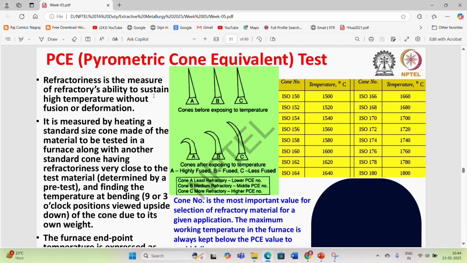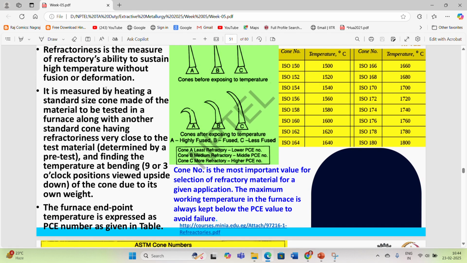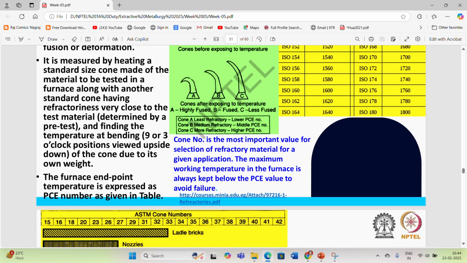So, the pyrometric cone equivalent test. Refractoriness is the measure of the refractory's ability to sustain high temperature without fusion or deformation. It is measured by heating a standard size cone made of the material to be tested in a furnace along with another standard cone having refractoriness very close to the test material, which is determined by a pre-test, and finding the temperature at which the cone bends to the 9 or 3 o'clock position viewed upside down due to its own weight.